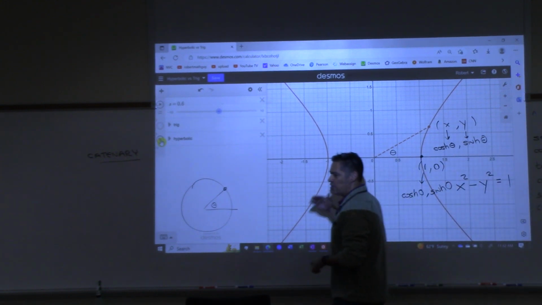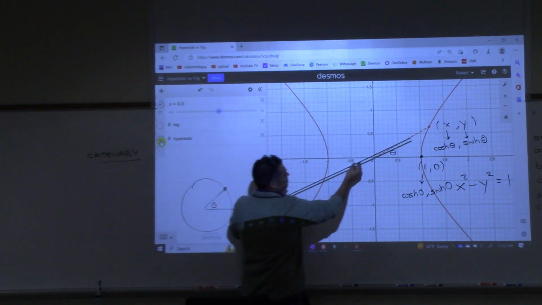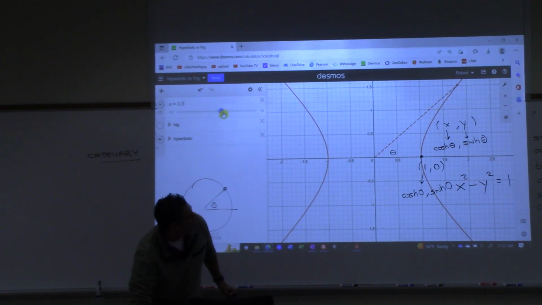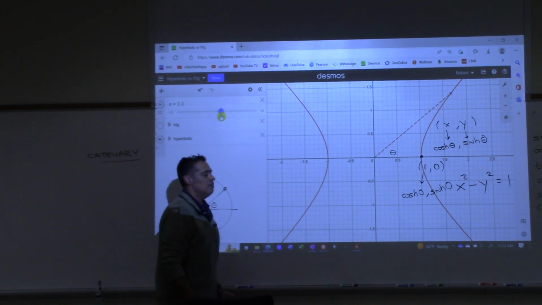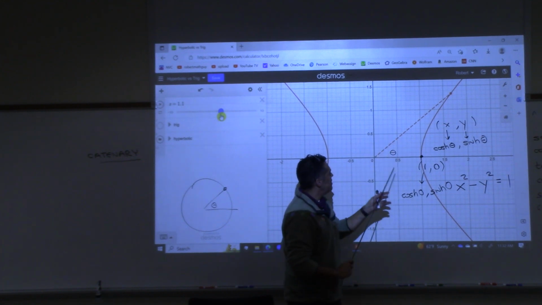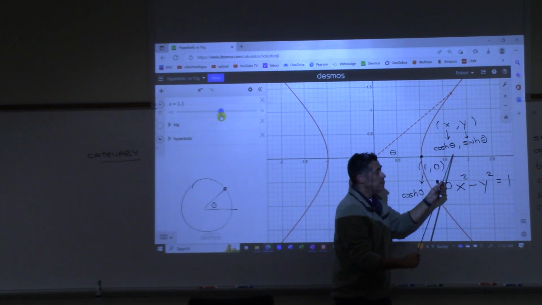So now let's start to increase that angle. Why am I doing it there? I can do it on here. That's why I made this. Okay, so as I increase the angle, now my angle's, whatever, 45, whatever you want it to be. What has happened to the x coordinate? It's gotten bigger, right?